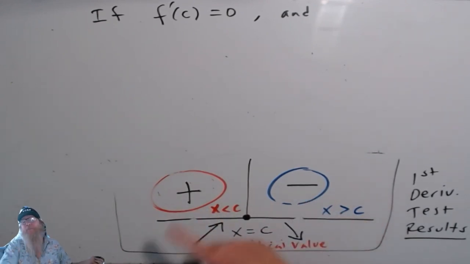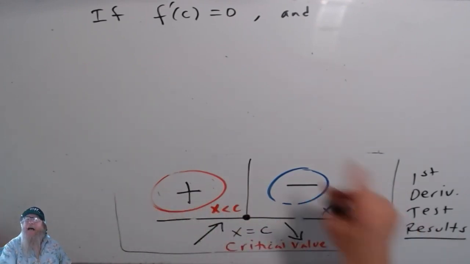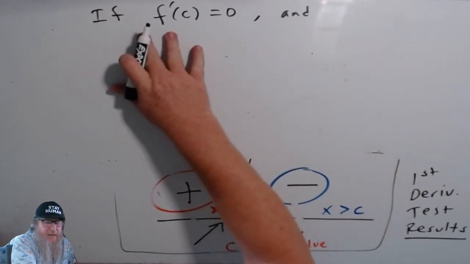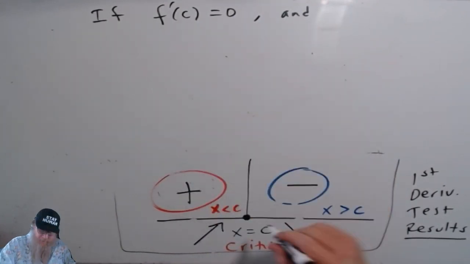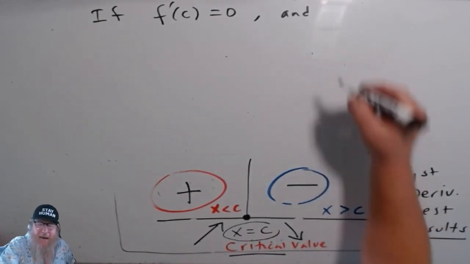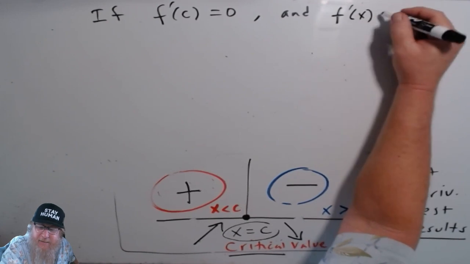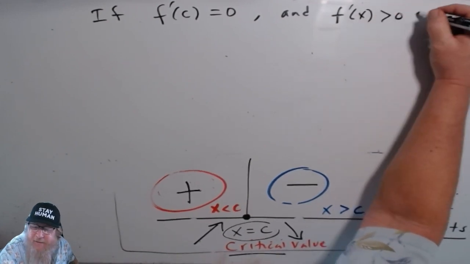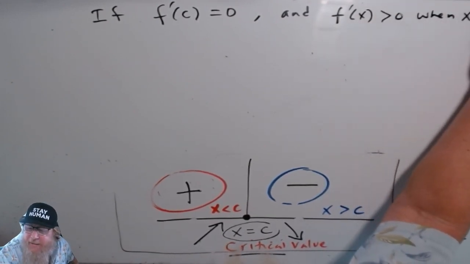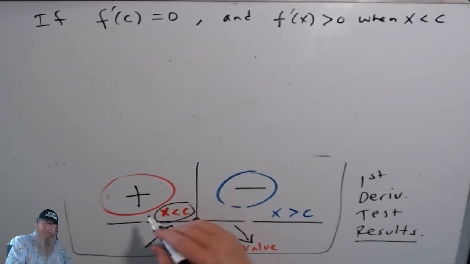Then you don't have to memorize the other one. If it goes from positive to negative, it's a max. I will write it down for your notes. The derivative has to be 0. That's what gives it the critical nature. And f prime of x is greater than 0 when x is less than c. That's this one.